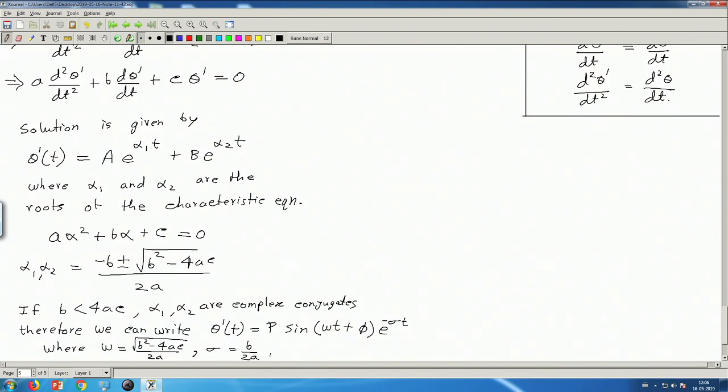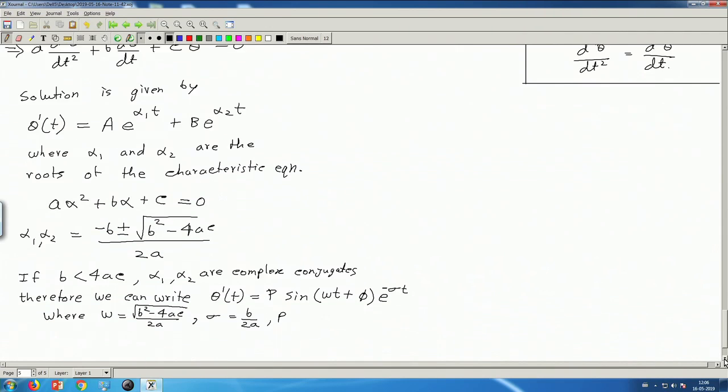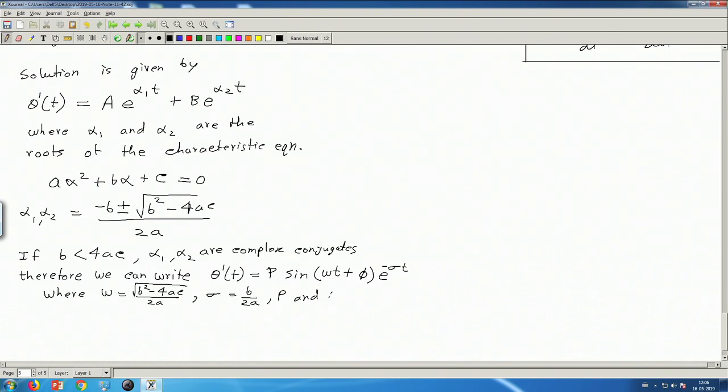So p and phi can be found from initial conditions. Okay, so if b square is less than 4ac, we see that the solution is oscillating. It has a sine term, sine omega t, and then the amplitude decays because of this exponential term.